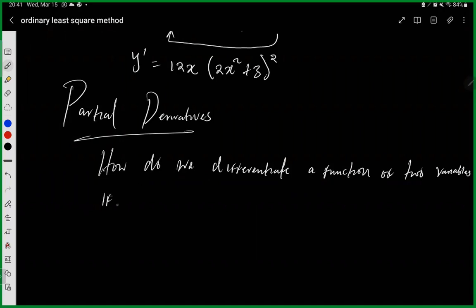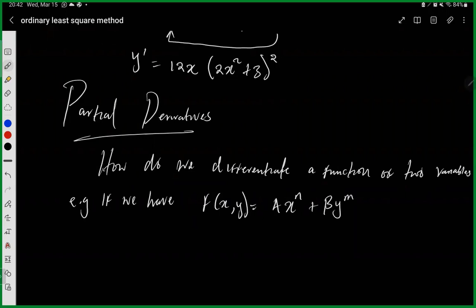So, for example, if we have f of x and y equal to a x to the power n plus, or it could even be products or whatever, but this is just for the purpose of giving examples, plus b y to the power m.